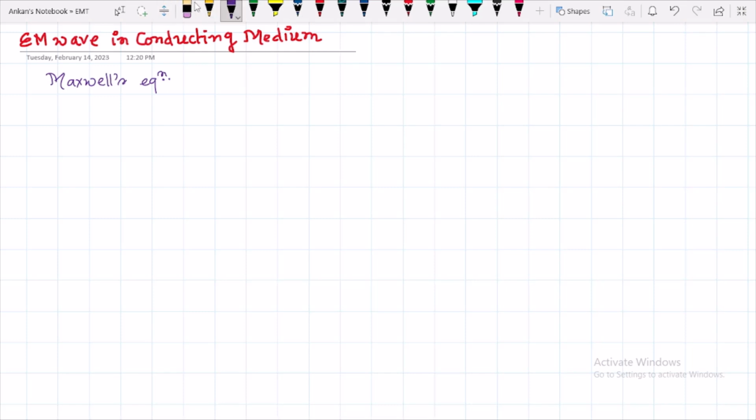So, Maxwell's equations in linear, homogeneous, isotropic conducting medium.